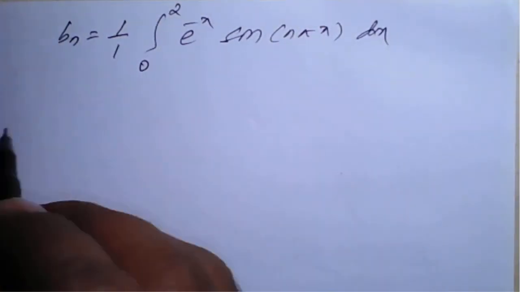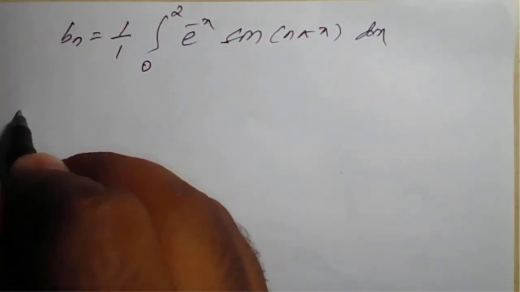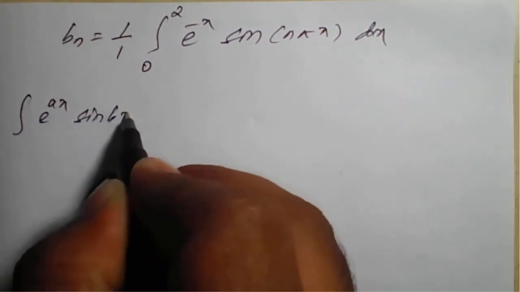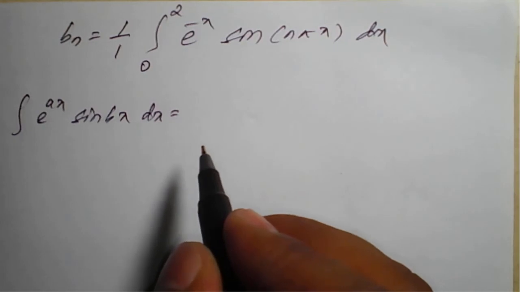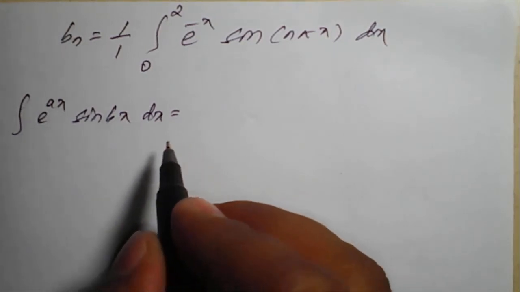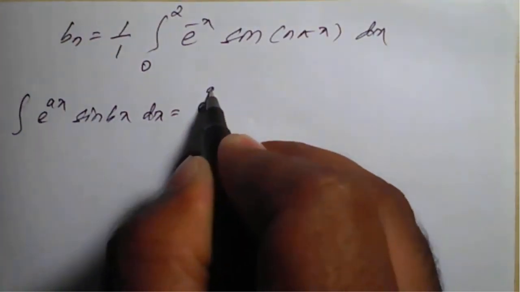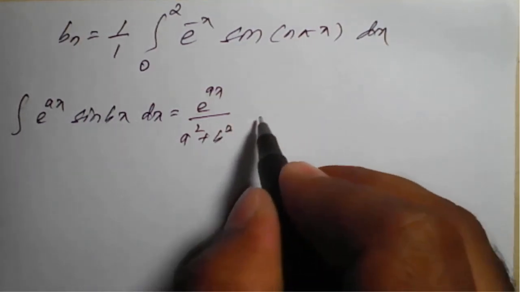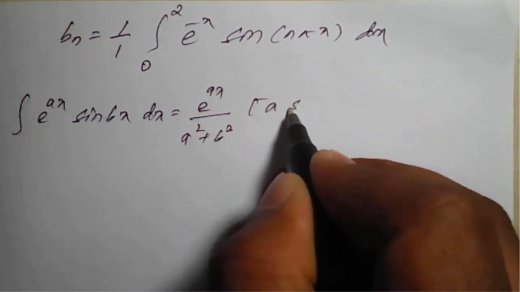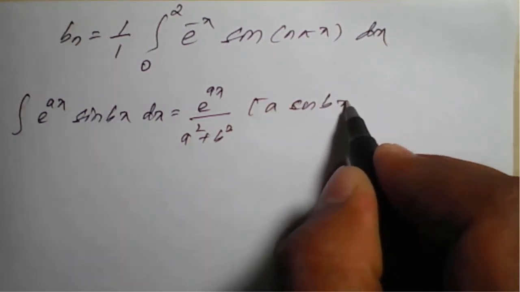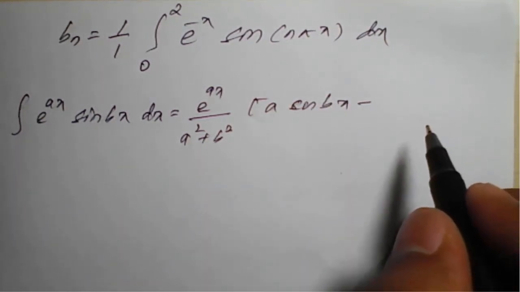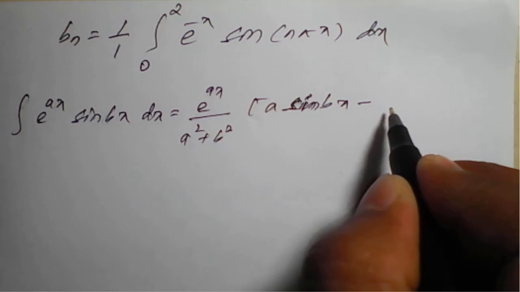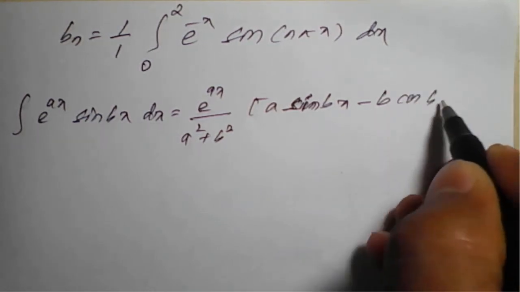Again, here also we need to apply the formula. As we know, the standard formula is the integration of e raised to ax into sine bx dx. We have already seen this formula in the recall: e raised to ax divided by a square plus b square, into a sine of bx minus b into cos of bx.